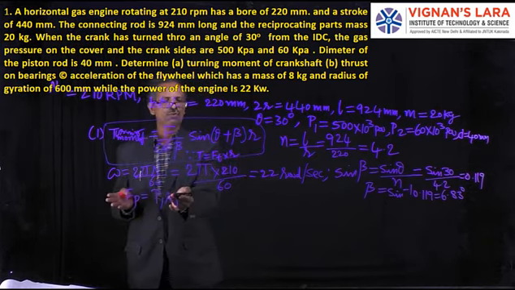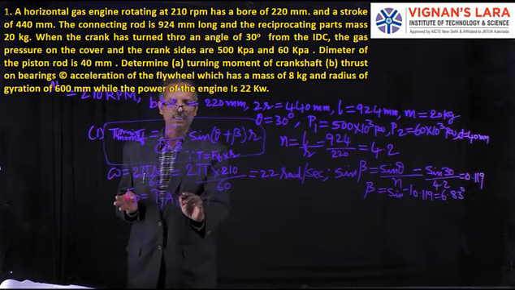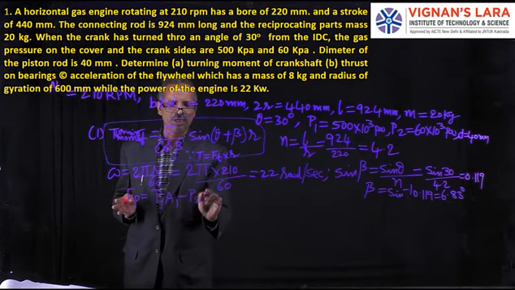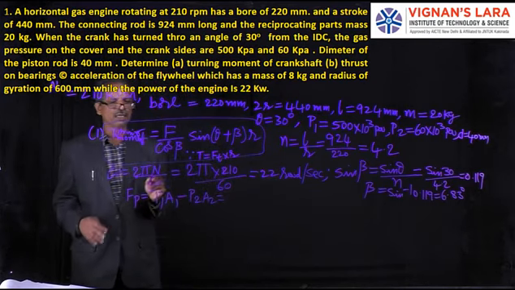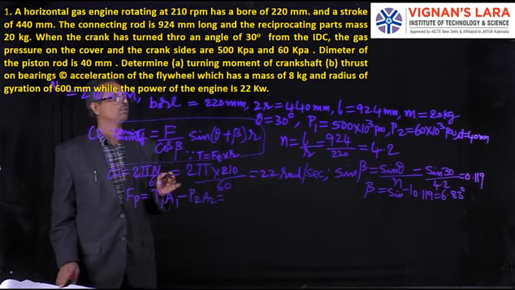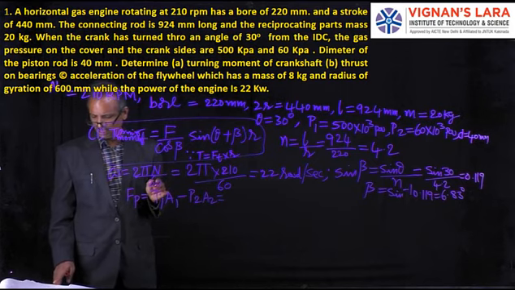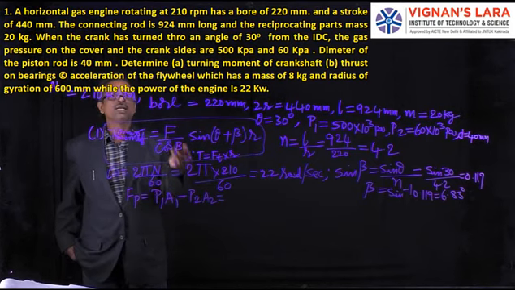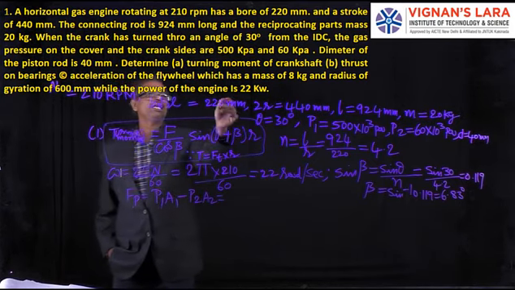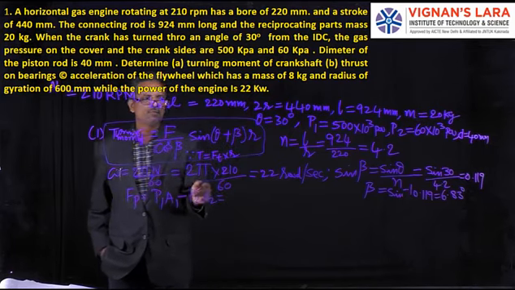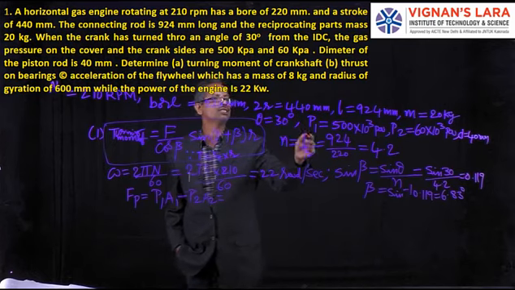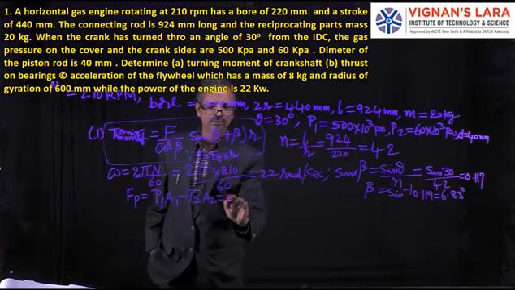One side force is P1 A1 and the other side force is P2 A2. So I know here what P1 and P2 are, and I have to get A1 and A2. The diameter of the cylinder, that is the bore, is given as 220 mm. So P1 pressure, which is in pascal.